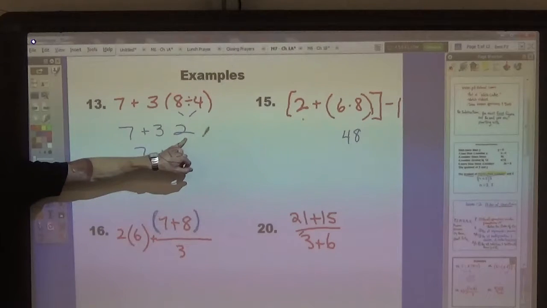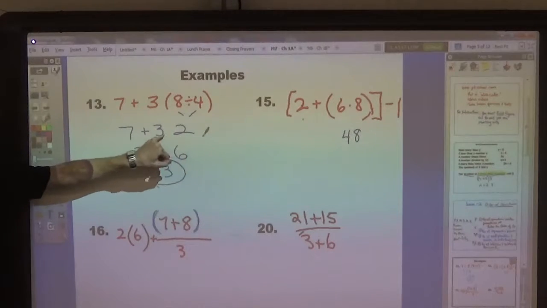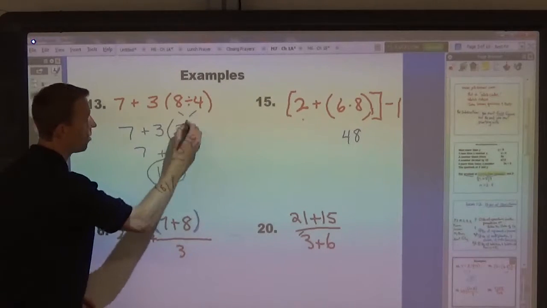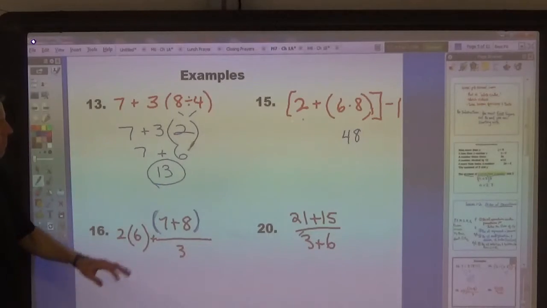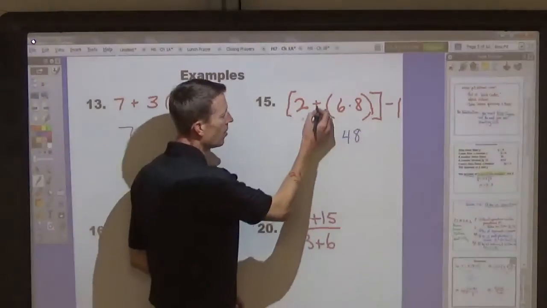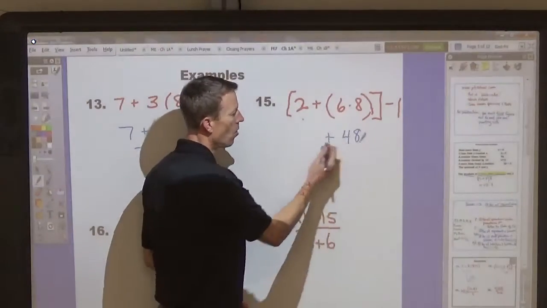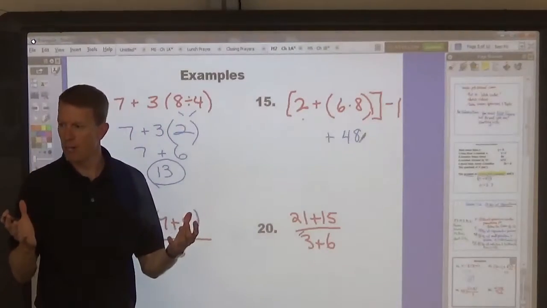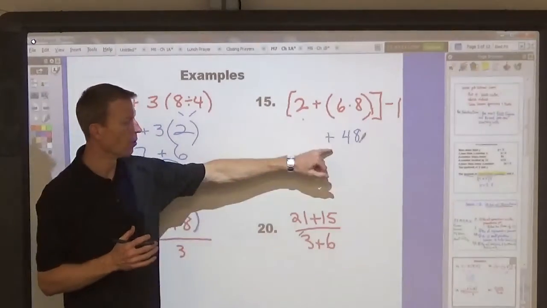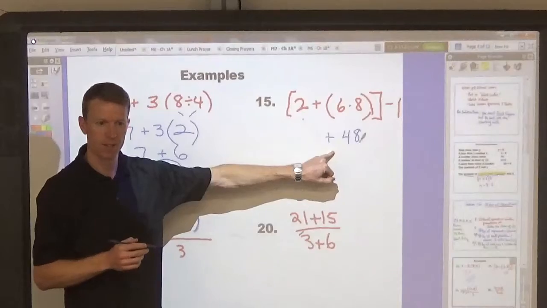Yeah, it looks like 32, right? So in this case, the parentheses mean multiply, and in this case, since there's a plus sign here, they don't mean multiply, and we really don't need them anymore, because we know what to do next to the parentheses.